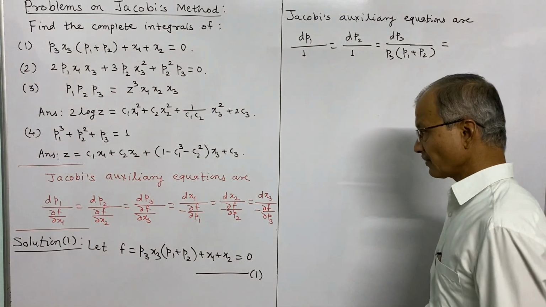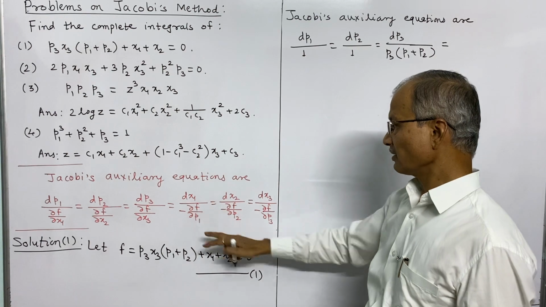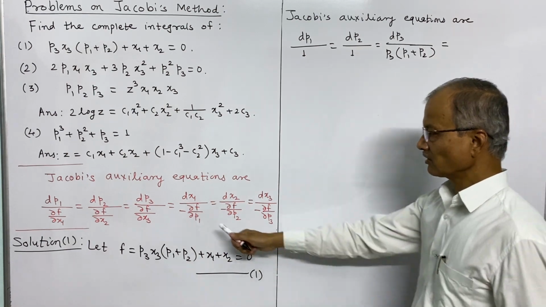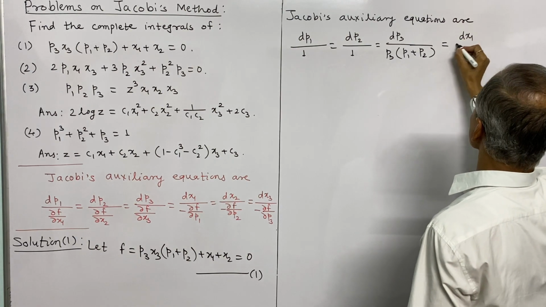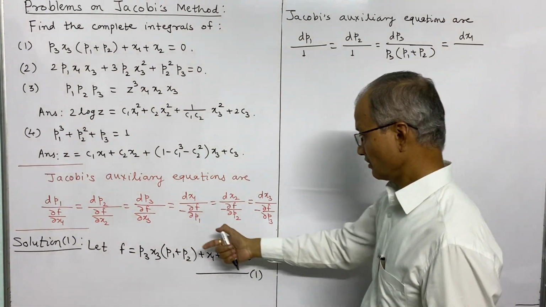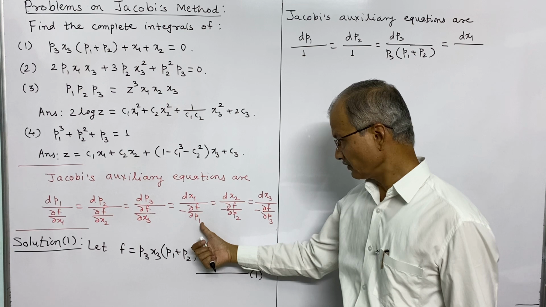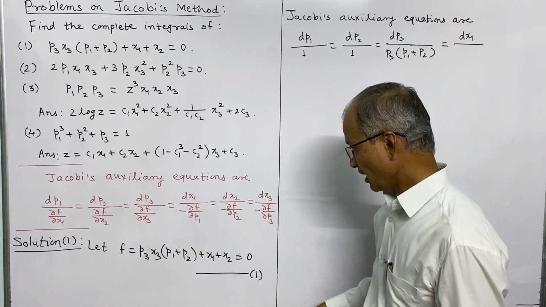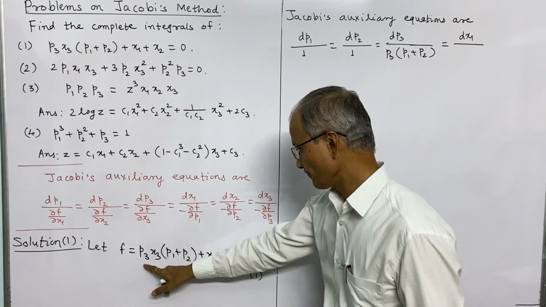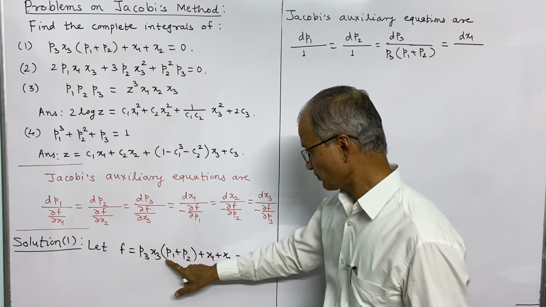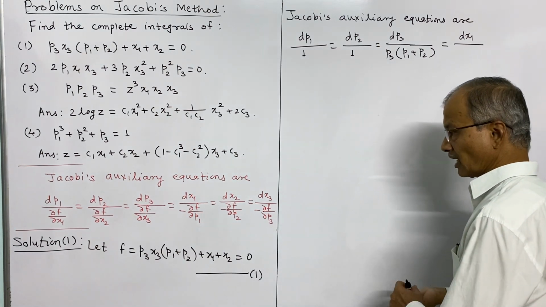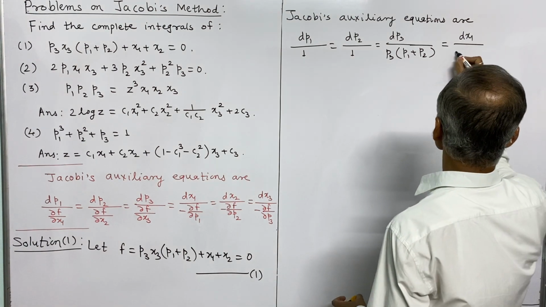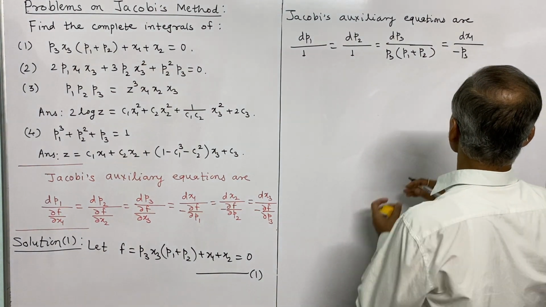And next it is dx1 divided by negative partial derivative of f with respect to p1, and that will be, with respect to p1, p3 x3 and the sign is negative. Remaining will be constant, p3 x3.